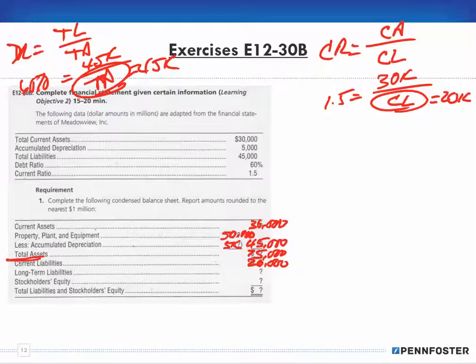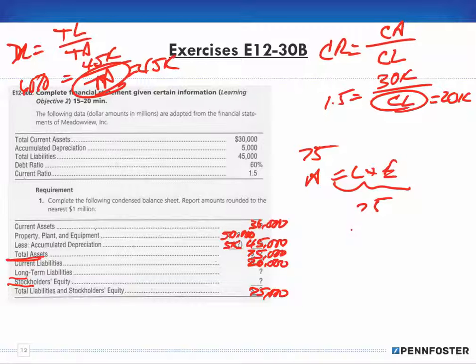We have total assets, and now we look at liabilities, stockholders' equity, and then total liabilities and stockholders' equity. So I know that my total assets are 75,000, so my total liabilities and stockholders' equity has to be 75,000, because of the accounting equation: assets is equal to liabilities plus equity. If this is 75, then the total of these has to be 75, okay?